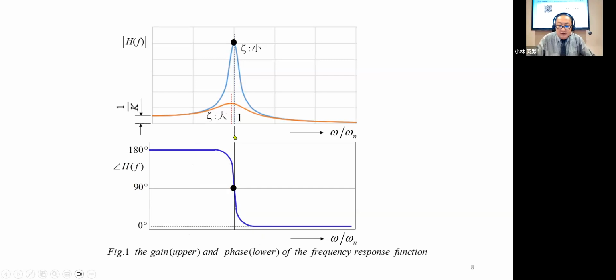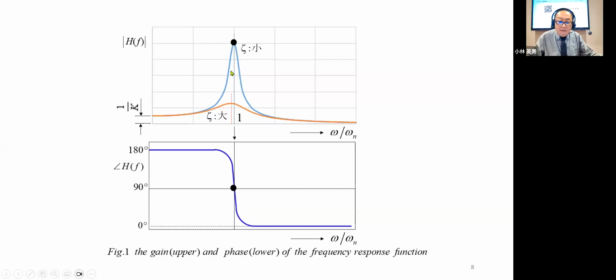So if at a certain frequency, the maximum value is given like this, then at the same frequency, the phase becomes opposite. Opposite means 180 degree to 0 degree, and usually passes, it never fails to pass 90 degree.